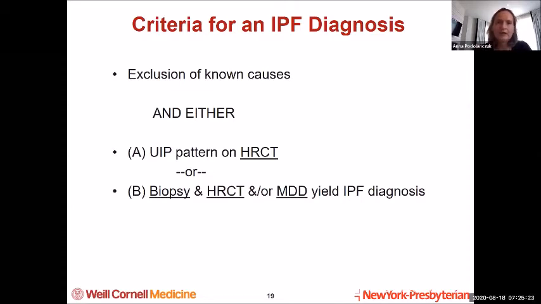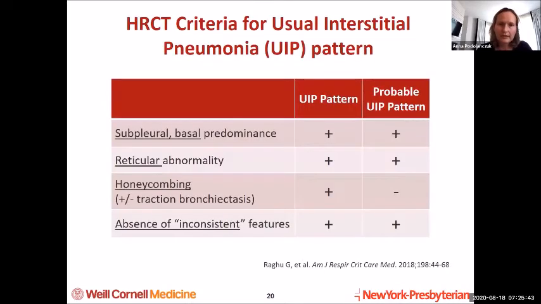So just to emphasize, we don't call every type of ILD IPF just because we don't know what it is. There are very specific criteria for a diagnosis of IPF. It's a UIP pattern. UIP pattern means that on a CAT scan, we see a specific radiographic pattern, or on a lung biopsy, and I'll show you what that is.